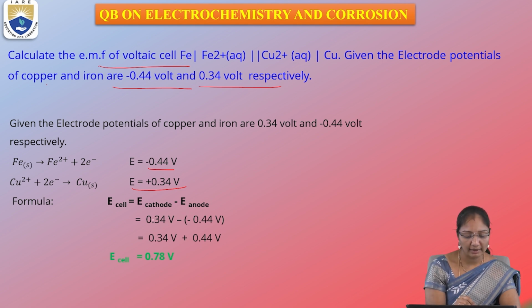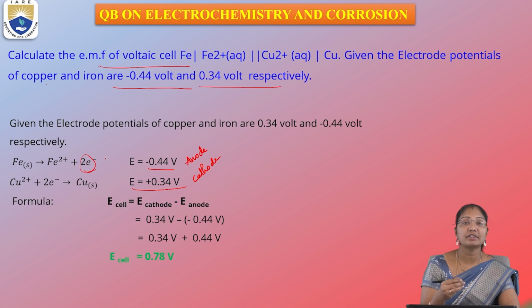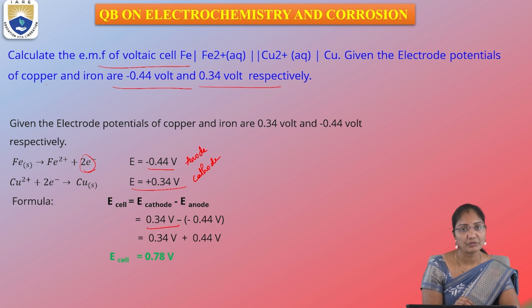Copper, which is going to reduce, is the cathode, and the one which gives electrons is the anode. The iron loses 2 electrons; the oxidation process carries on at the anode. So 0.34 volts minus minus 0.44 volts gives 0.34 plus 0.44 volts. So the final EMF of the cell, E cell, is 0.78 volts.